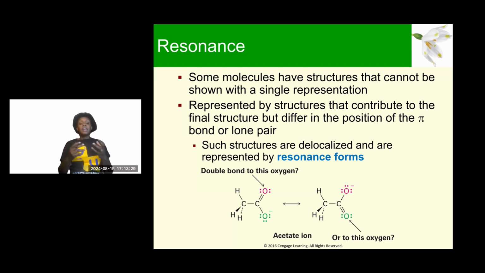I'm sure you guys have seen that in general chemistry when you're doing your Lewis dot structures. So sometimes bonds can move. And because the bonds can move, you can't have one structure drawing to represent the actual situation that is happening. So you have to draw the different resonance structures to show the movement of the electrons and how they move.